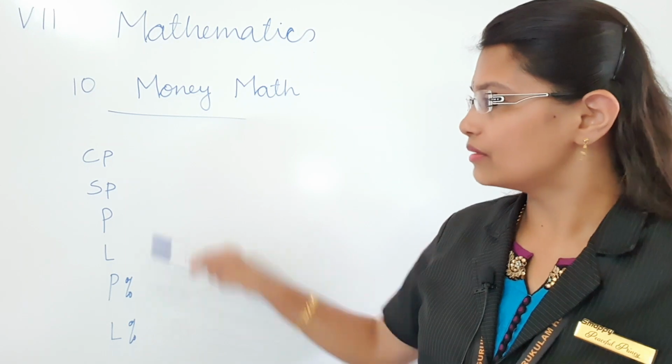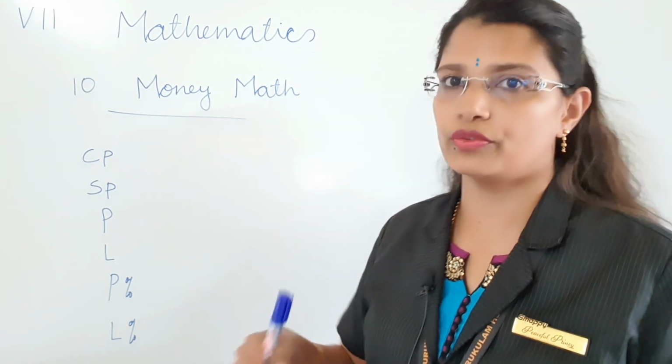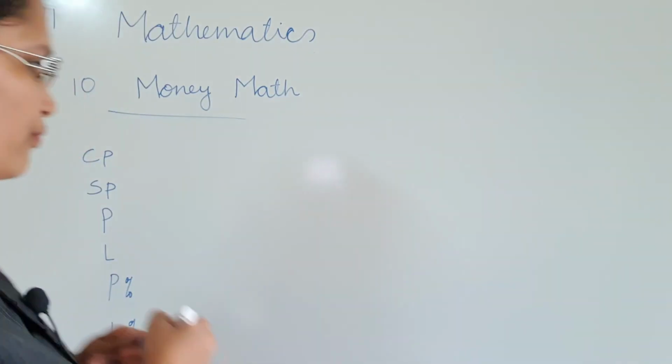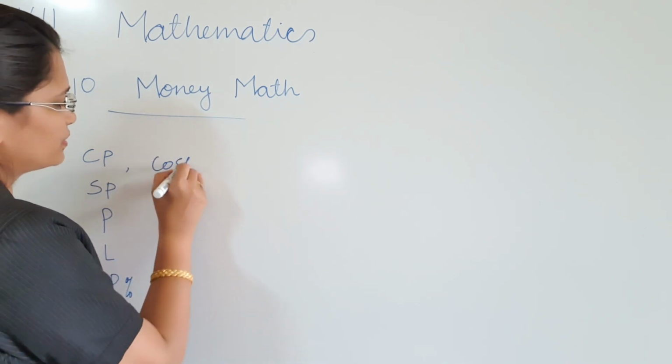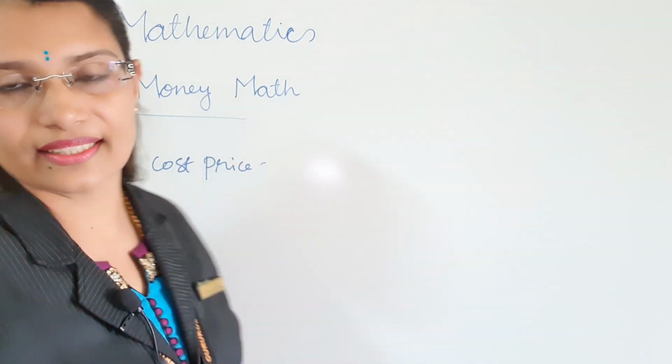These are the prerequisites of this chapter, that means which we should know before going into the chapter. So first one, this is cost price, C-O-S-T, cost price. What is this cost price, children?